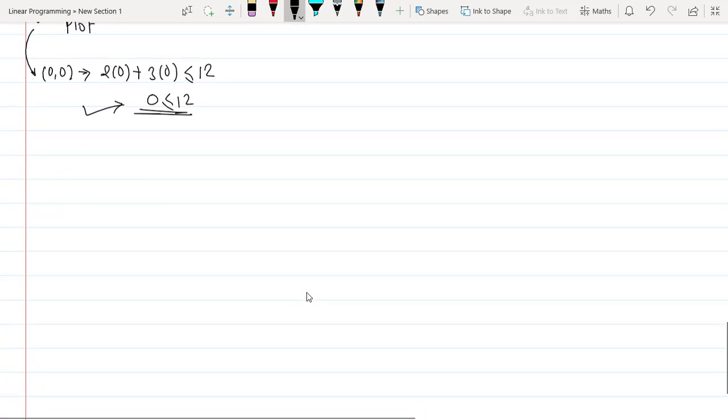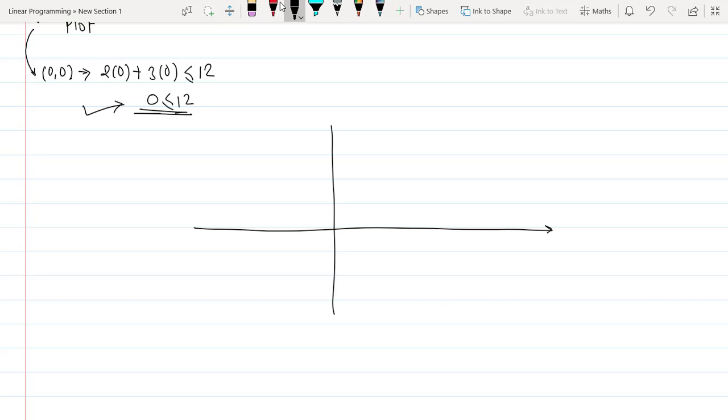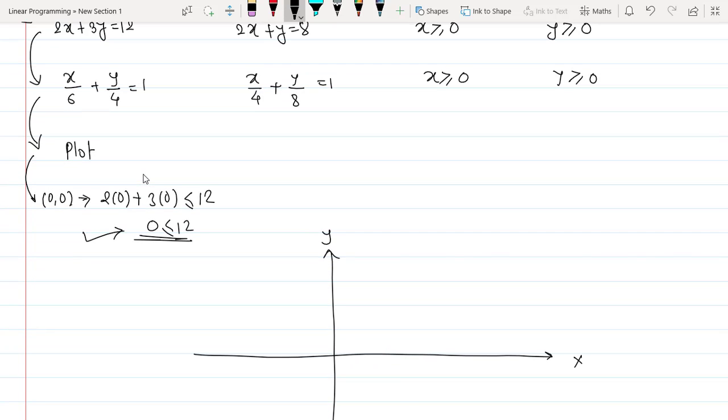Okay, so let's draw the figure first so that it will be easy to understand. So this is the x-axis, y-axis. What is our first equation? Let's take this as 6 on the x-axis, 4 on the y-axis. Let's draw the figure.